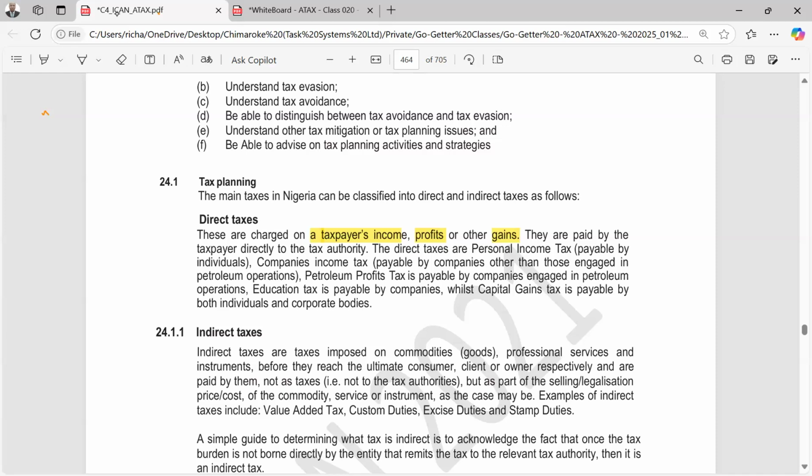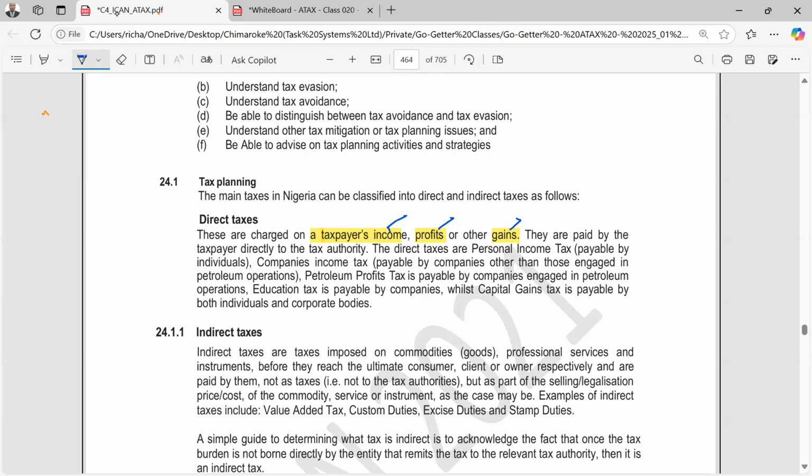I hope you know the meaning of income, profit, or gain. Income has to do with whatever comes to you by way of salary or revenue.